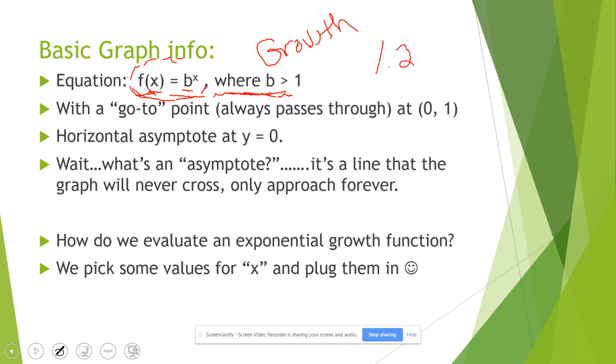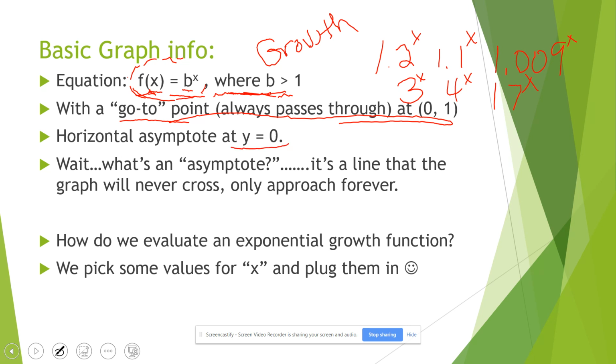So it can be 1.2, 1.1, 1.009, it can be 3, it can be 4, it can be 17. As long as it's greater than 1, then it's an exponential growth graph. So again, our go-to point always passes through (0, 1). Horizontal asymptote at y equals 0.